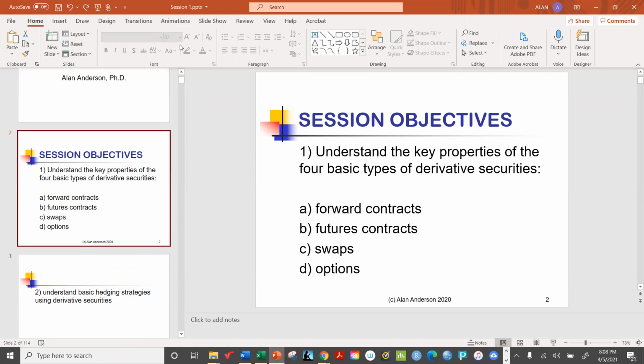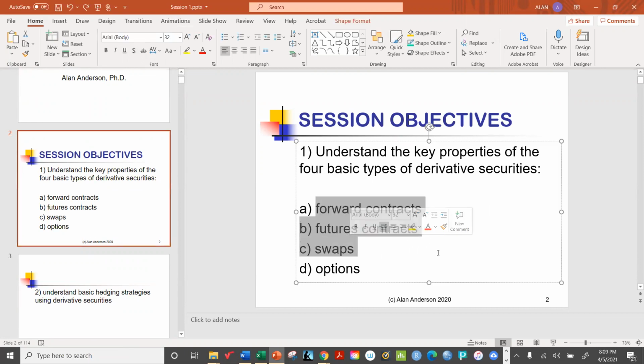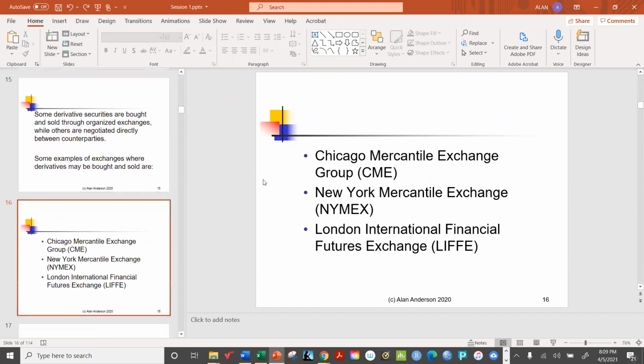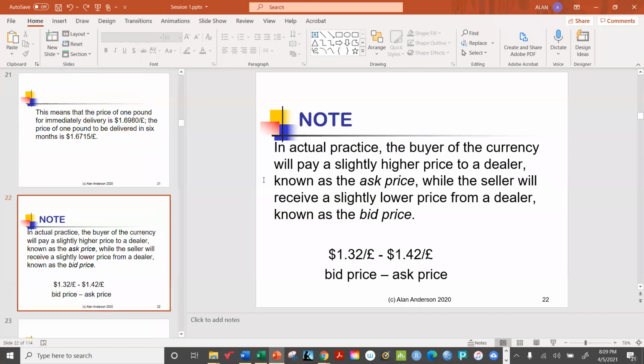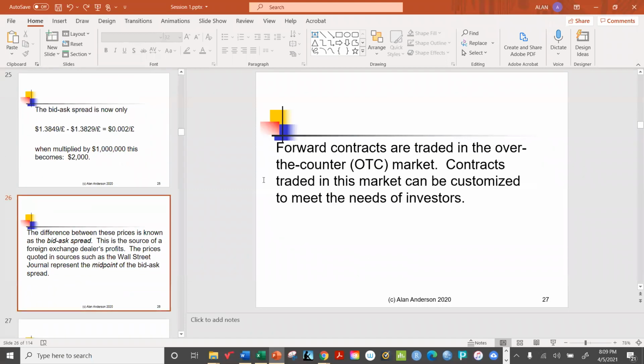Unless there's some way to offset them, you are obligated to do what it says in your contract. Now, we know that with futures, it's easy to unwind them, but it's still a binding contract. The option is the only case where we have the right to change our minds. And that's why they're called options, because whatever you're supposed to do is optional.